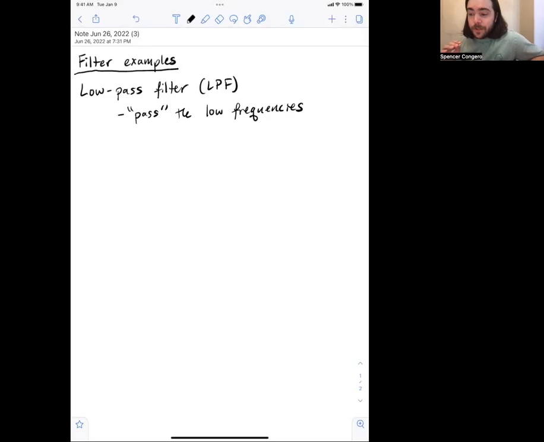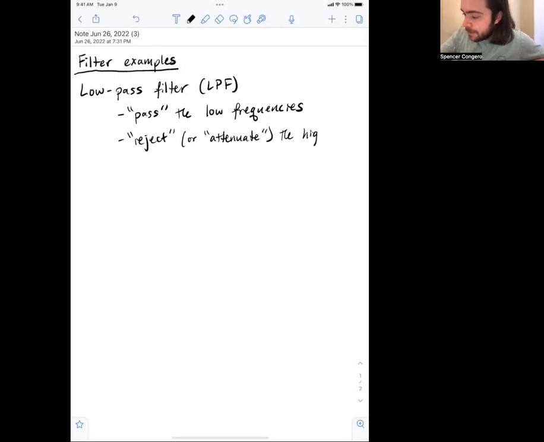It's not going to reduce the amplitude as much for those frequencies, and it's going to reject, or sometimes we say attenuate, the high frequencies. So for inputs where omega is large, this filter is going to reduce the amplitude of those, maybe even bring it very close to zero. So this is a low pass filter, and you'll see when I start plotting some things exactly what I mean. But generally, we want to pass the low frequencies and reject the high frequencies.